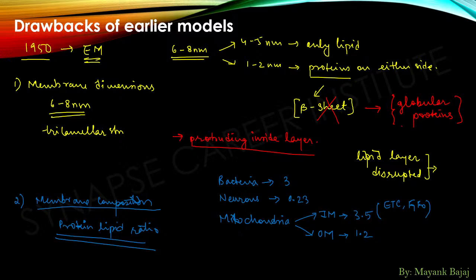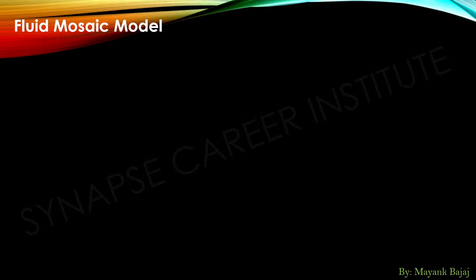So based on all these observations and drawbacks, what was proposed was the fluid mosaic model in 1972. It is also called the iceberg model.